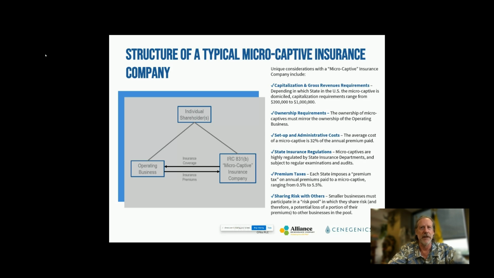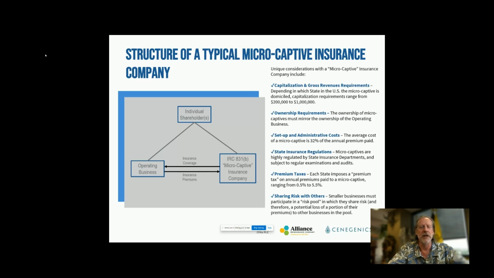They are subject to state insurance regulation, or whatever the jurisdiction that you have set it up in. Generally, micro-captives are subject to regular examinations and audits, and you have to get your investments pre-approved. And then the state generally imposes a premium tax, which is kind of like a sales tax, and it can range anywhere from half a point to 5.5% on the high end.